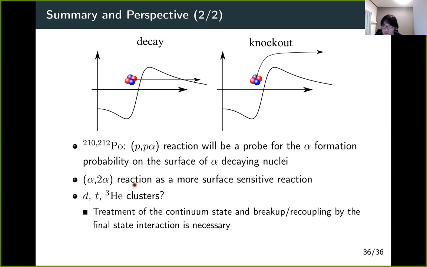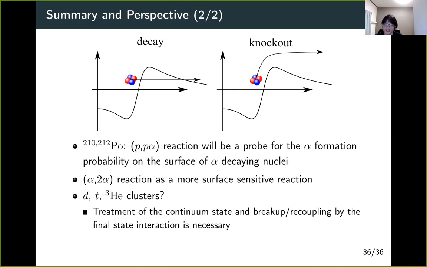And also deuteron-like cluster states, PN correlation on the surface of nuclei, or triton or maybe helium-3, such new cluster states will be interesting. But one important thing is that the alpha particle is a robust particle, so we can knock it out just like nucleons, but these particles are very weakly bound.